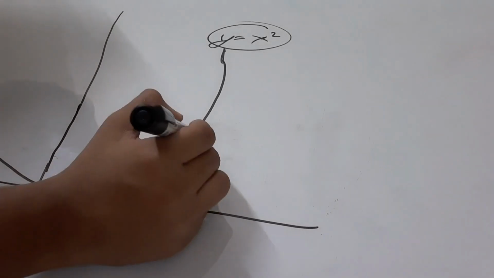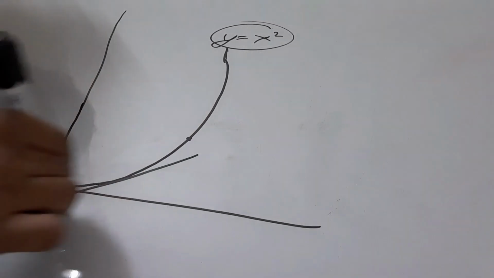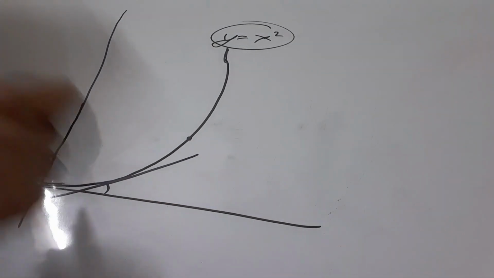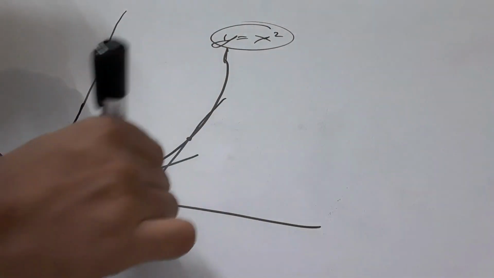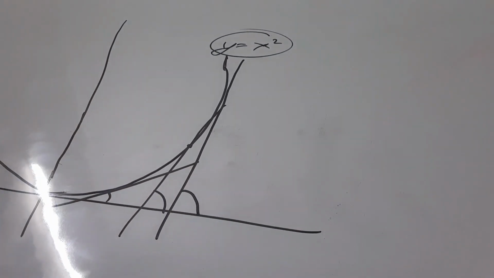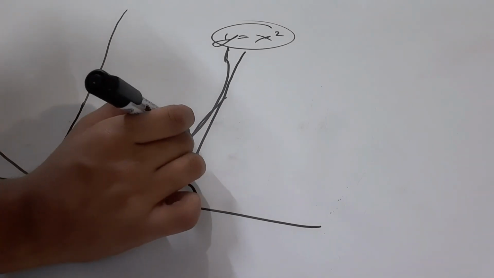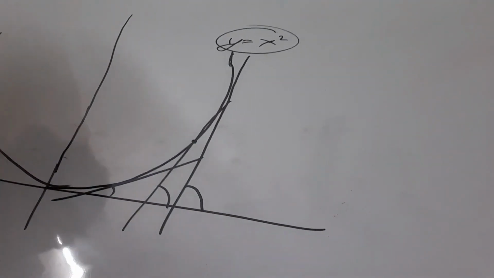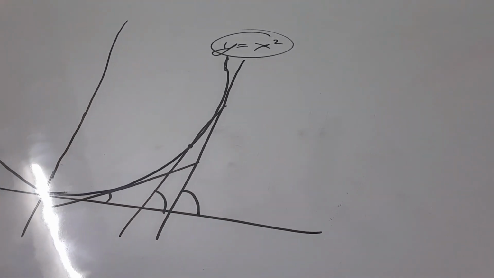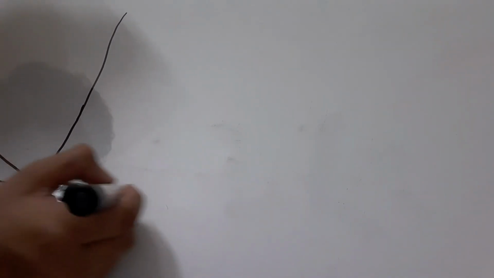A person who doesn't know calculus is going to be like, oh my god, the slope is this here, the slope is this here, the slope is this here, the slope is constantly changing. Then how am I supposed to tell you the slope which is here? There is no way, but there is a way using calculus.